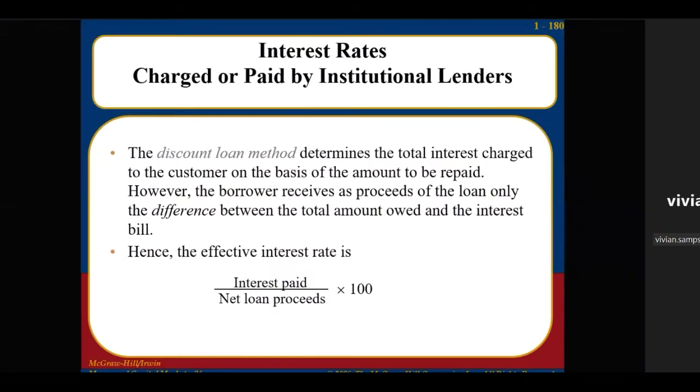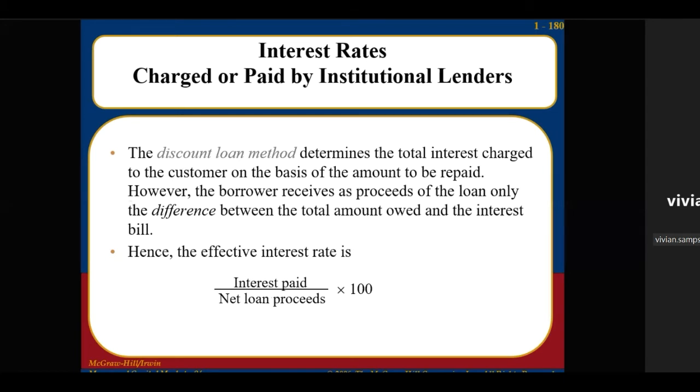Then subtract it from the 10,000 and give you 9,500. That is how the discount loan method is done. So you don't go home with 10,000, but you go home with 9,500.